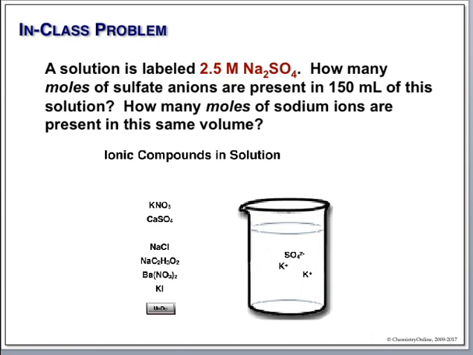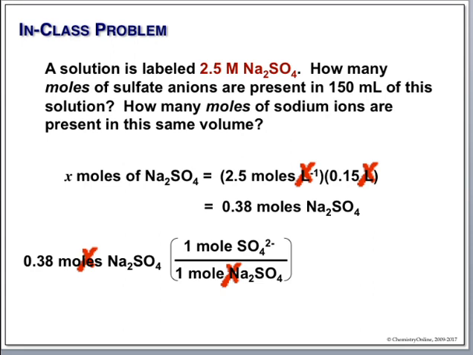So, concentration times volume. And go from here. So, this is our concentration, mole per liter. This is our liters, 150 milliliters. Total number of moles of sodium sulfate is 0.38.